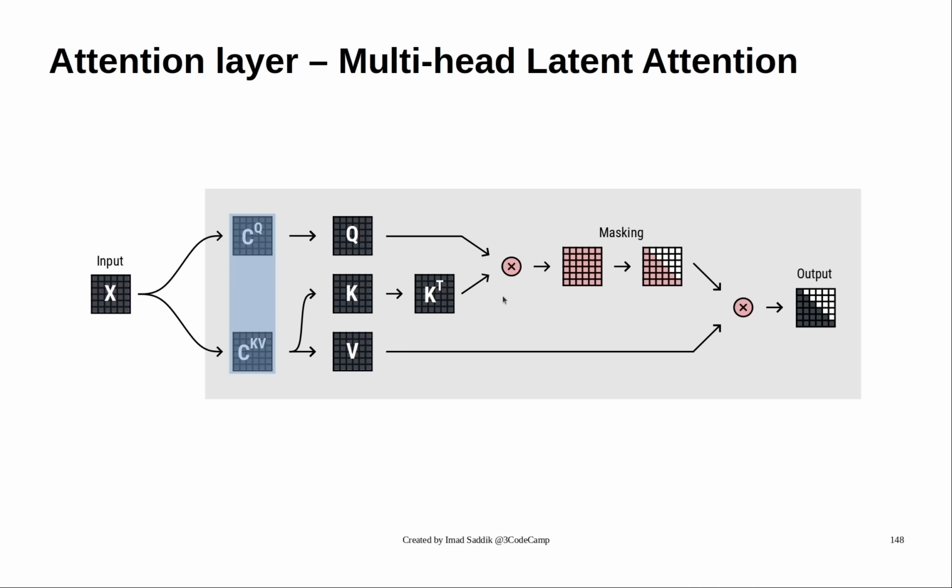And after that, the rest will stay the same. But this is the thing that was added, and this is shared by every head. This helps reduce the KV caching, because you only need to cache these two matrices, and later you can generate the rest, because from CQ we get Q, and from CKV we get K and V.